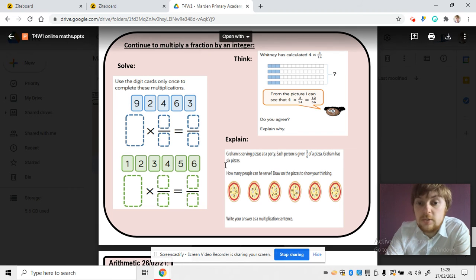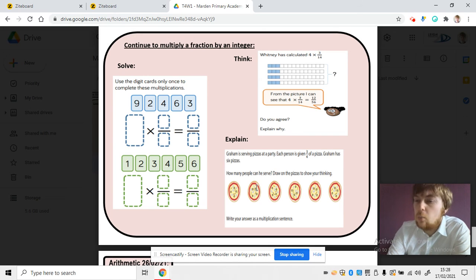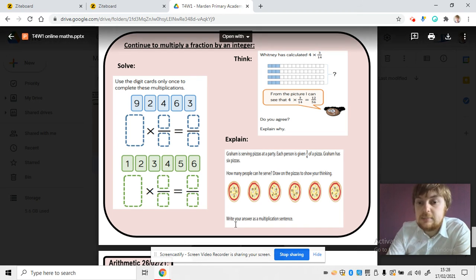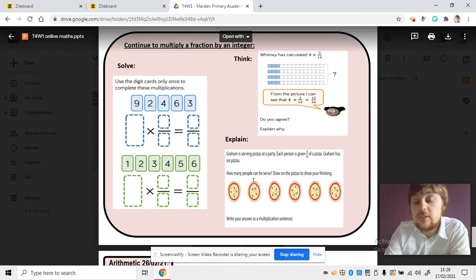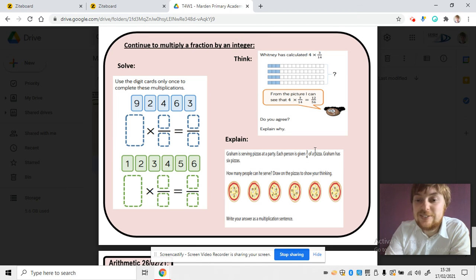It might also be worth thinking, if it's 6 pizzas, what would that be if I was to make 6 wholes into quarters? Write your answer as a multiplication sentence. What that means is 3/4 multiplied by what equals 6. See if you can work out how many people Graham can serve 3/4 of a pizza to.